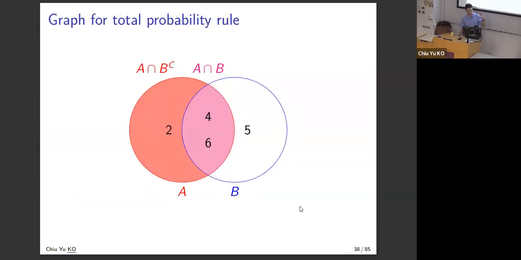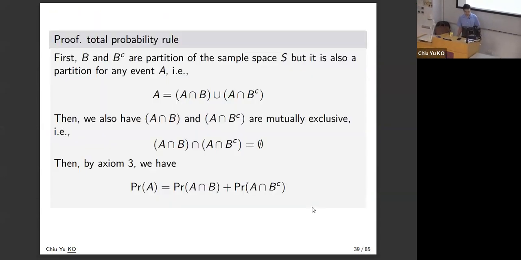That's very simple graphically. The red circle is the part without B, which is the little bit of red area, and the part with B is the pink area. So it just decomposes into two parts, right? There's nothing very deep going on here.